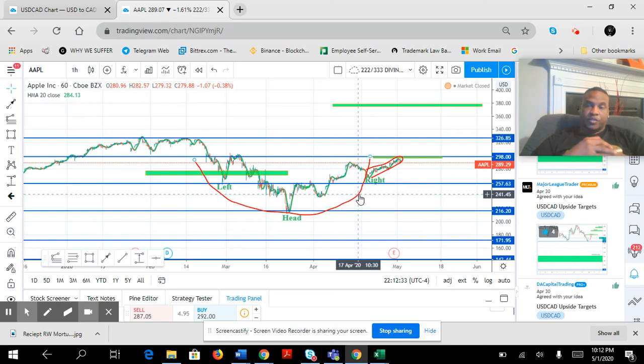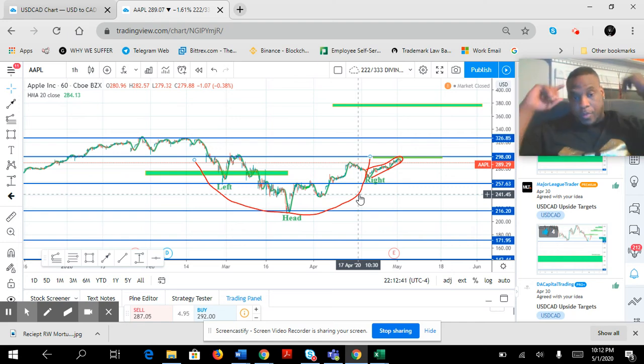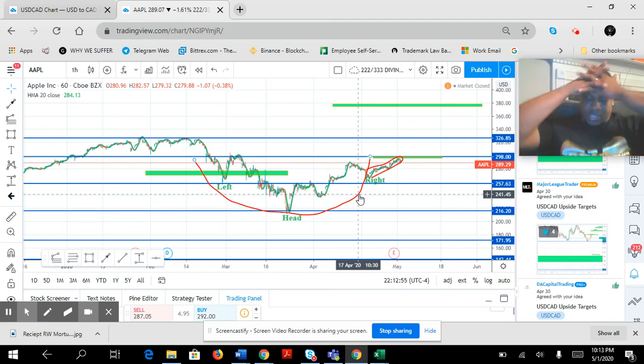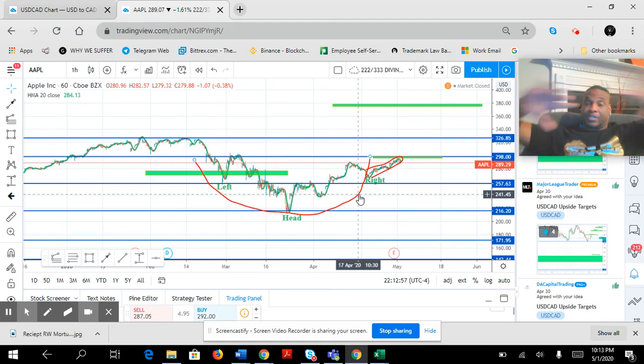I hope that video really helped you guys. Like I said, we just traded Apple. We were able to identify a cup and handle. We identified multiple inverse head and shoulders, and we saw at the end a head and shoulders pattern. So guys, just keep it simple. Trust me.